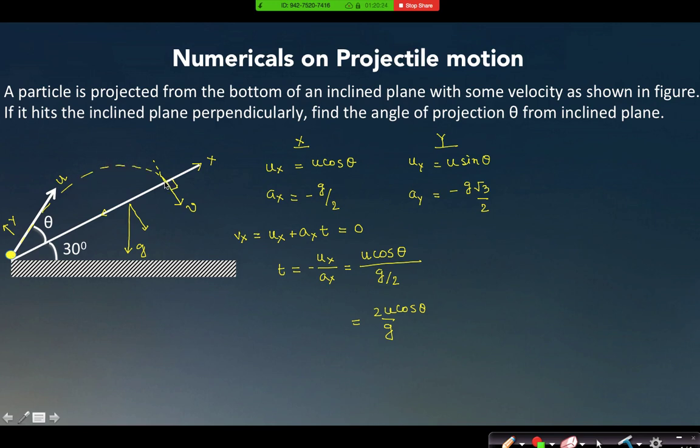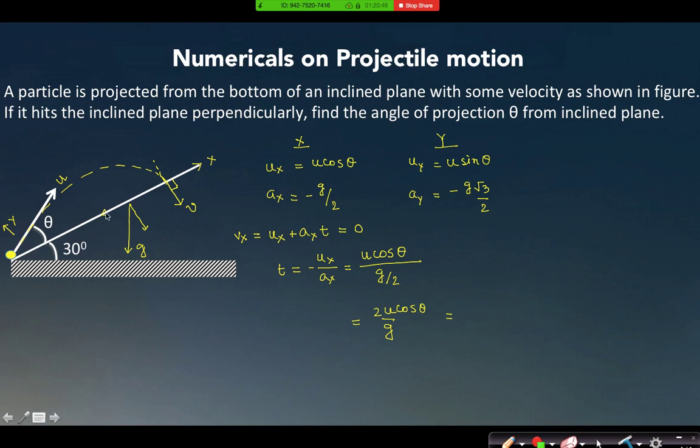Now, can I say that this is also the time of flight, because the particle starts from here and it ends here, so it is also the time of flight? Sir, like when we find velocity along x axis, we also take minus. Minus g by 2.